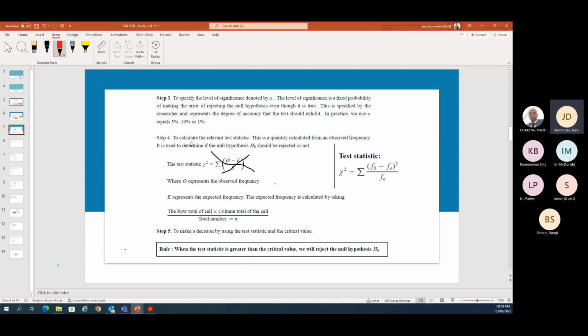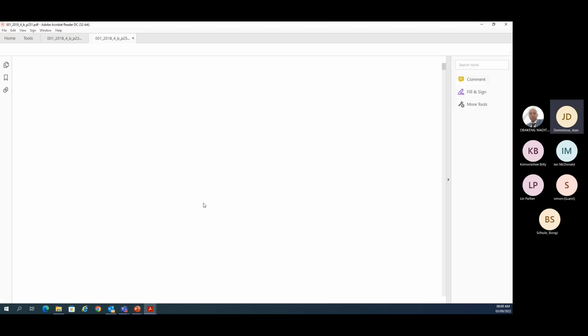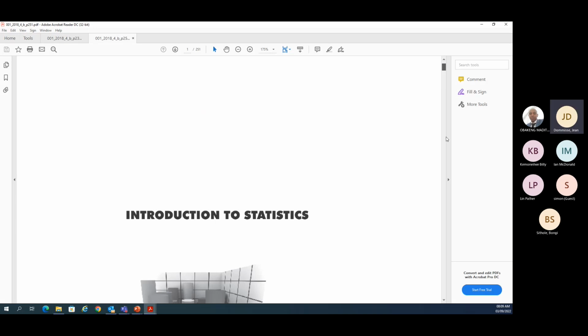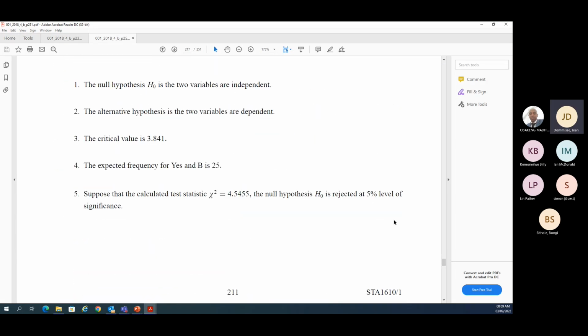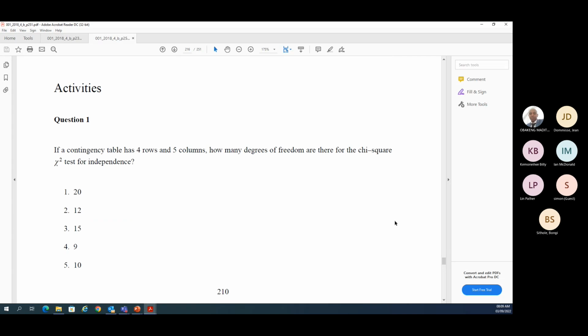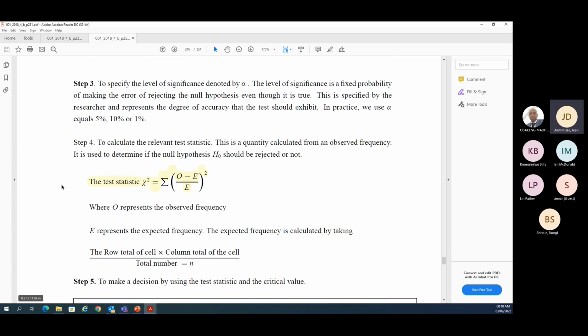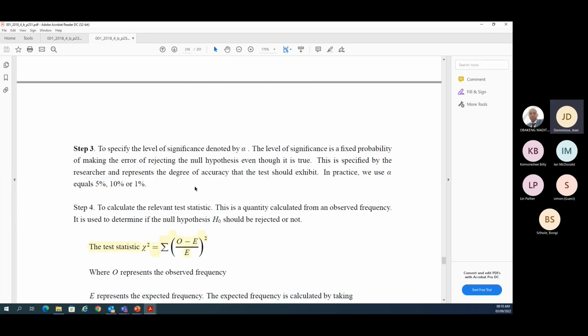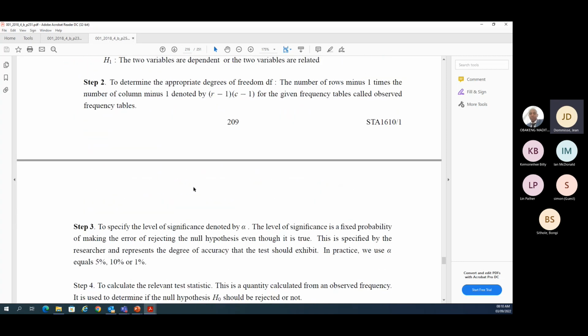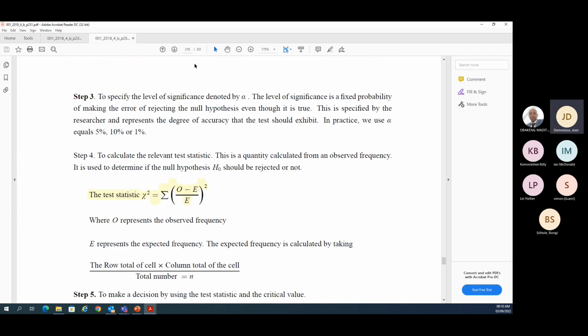So in your extra textbook, let me also open that up so that you guys can see it. There you can see the test statistic that they have included in their summary, and that is wrong.